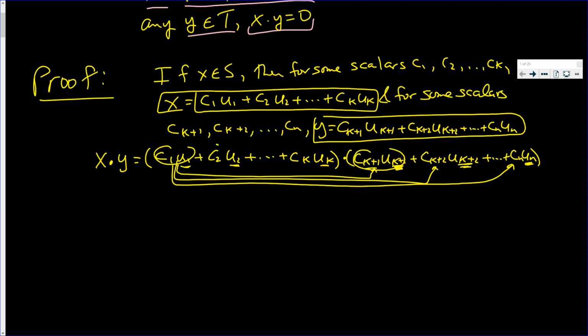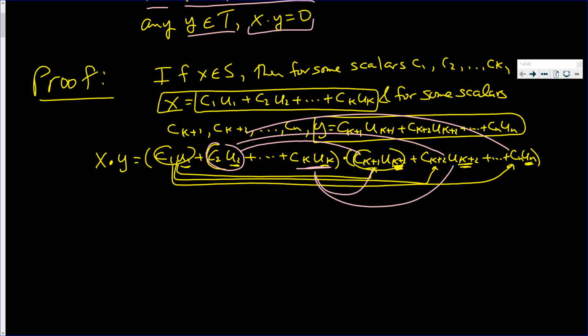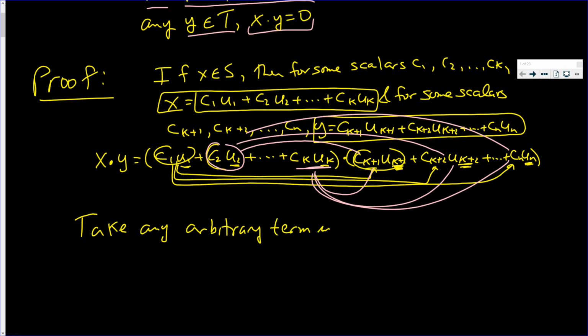We're also going to dot this with the first and the second all the way up to the last, and then ultimately we'll dot the last with the first, the last with the second, and the last with the last. Okay, so let's look at any arbitrary term in this dot product.